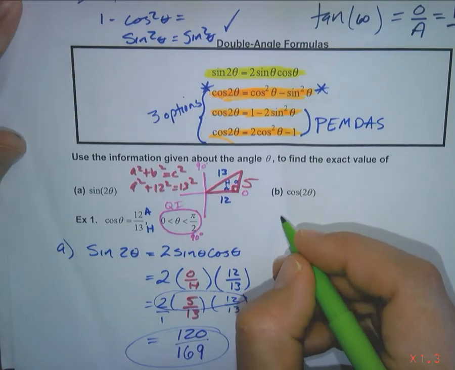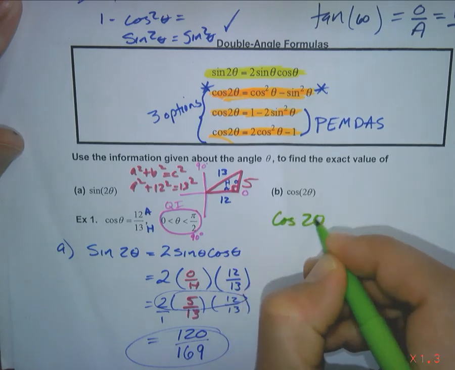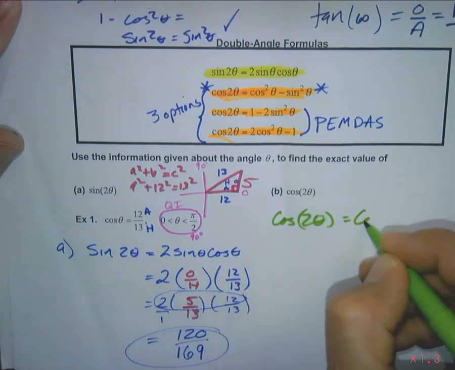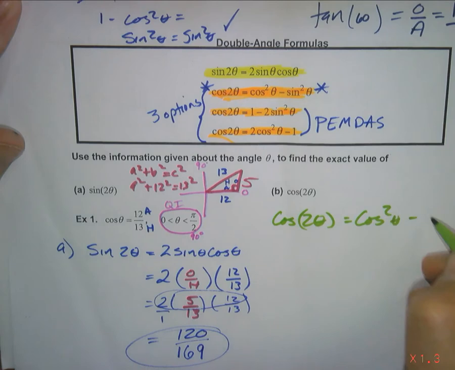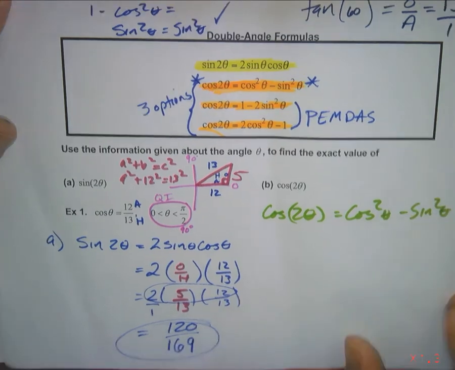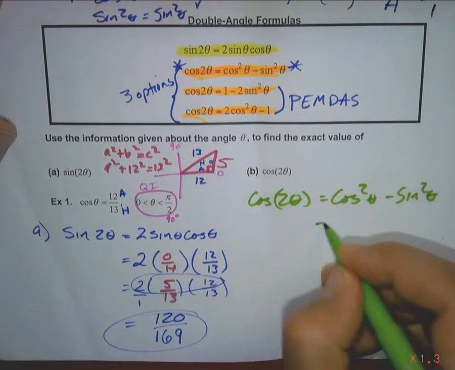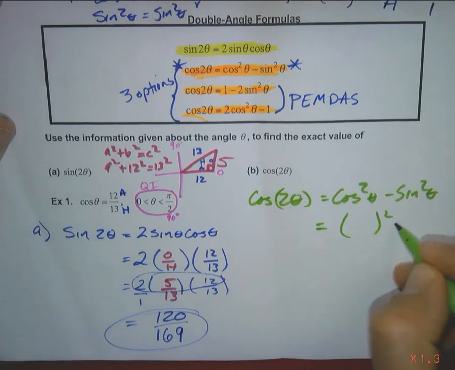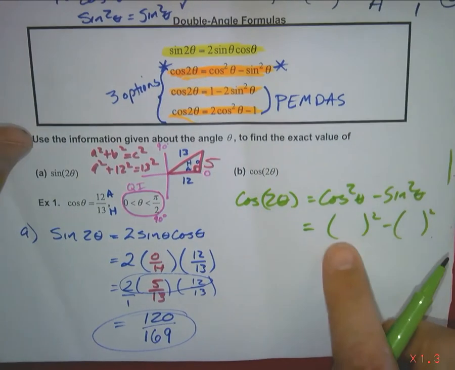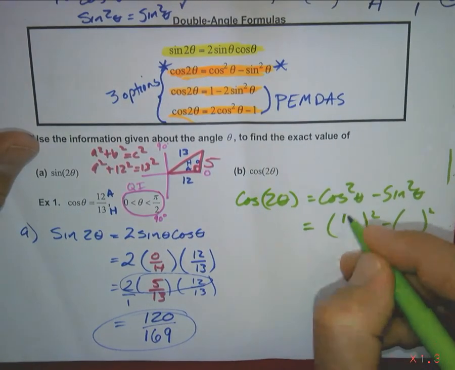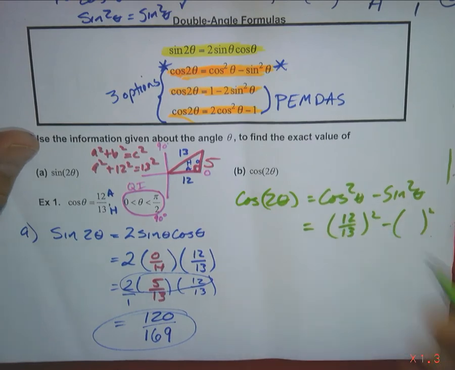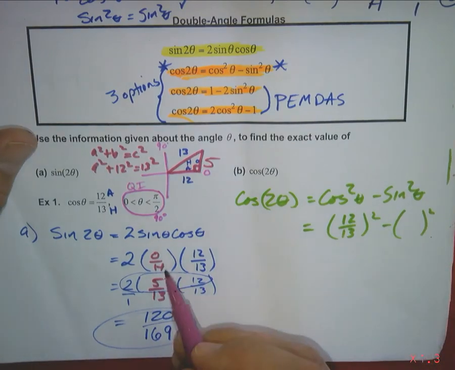So part B, I've got the cosine of 2 theta. That's cosine squared of theta minus sine squared is what it says. And they gave me cosine, that was 12/13. And then we found sine over here was 5/13.